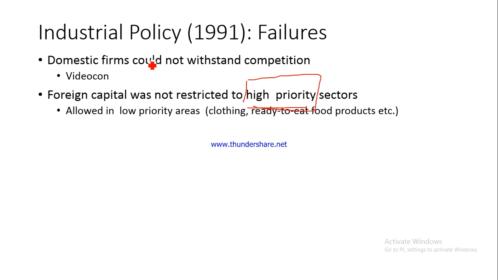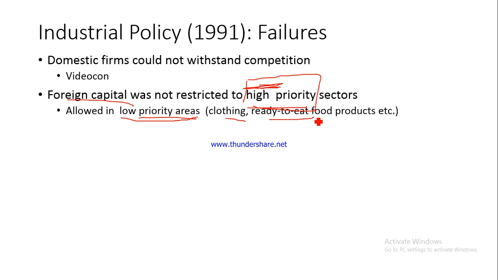So we allowed foreign participation in these kind of sectors. However, the low priority areas also witnessed a huge inflow of foreign capital. Though the provision was meant to allow foreign capital only in high priority sectors, we instead received foreign investment in low priority areas also, including in clothing, ready to eat food products and other sectors like that, right? For example, McDonald's entered India.